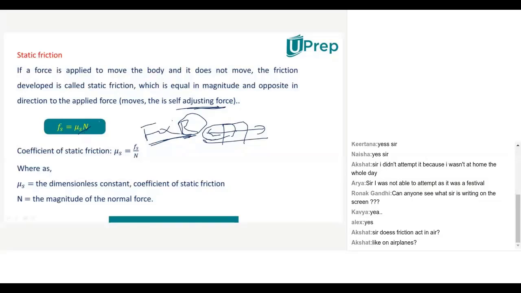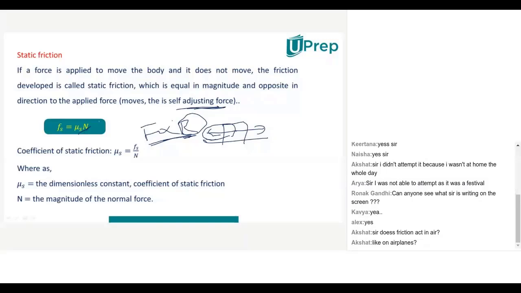Which will apply on what? From the surface to the object. Not clear. Any other? Ronak? So the outward force acting perpendicular to the surface of the body is known as normal reaction.